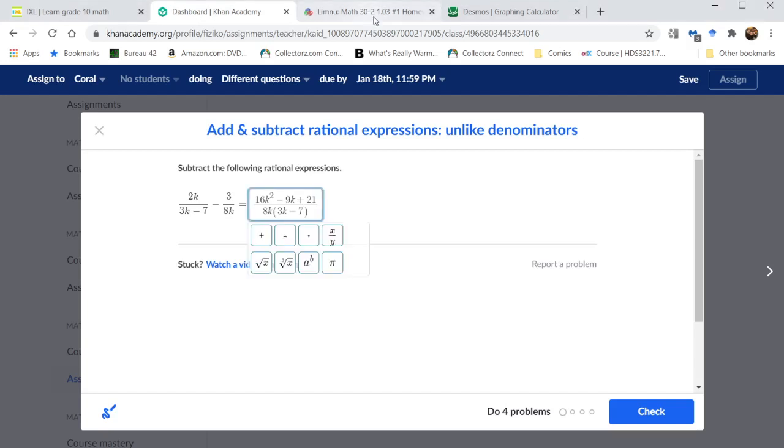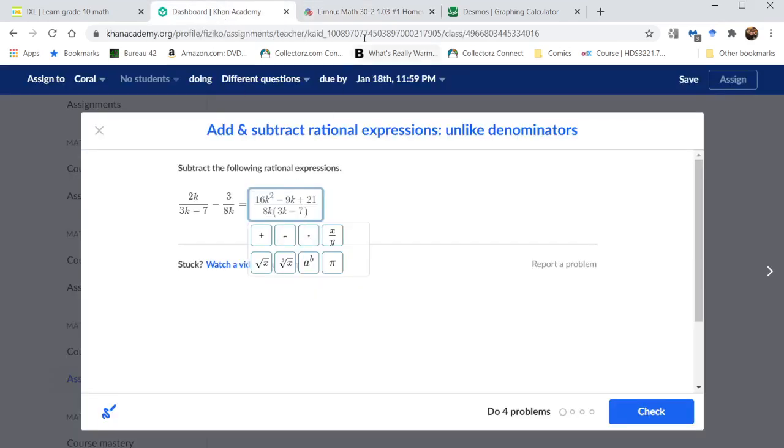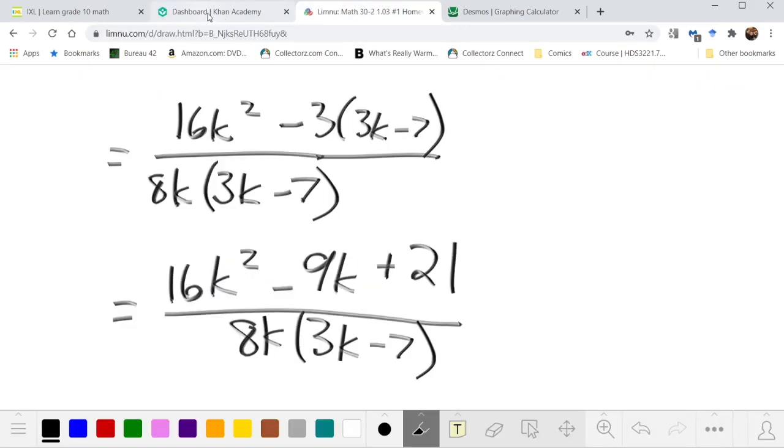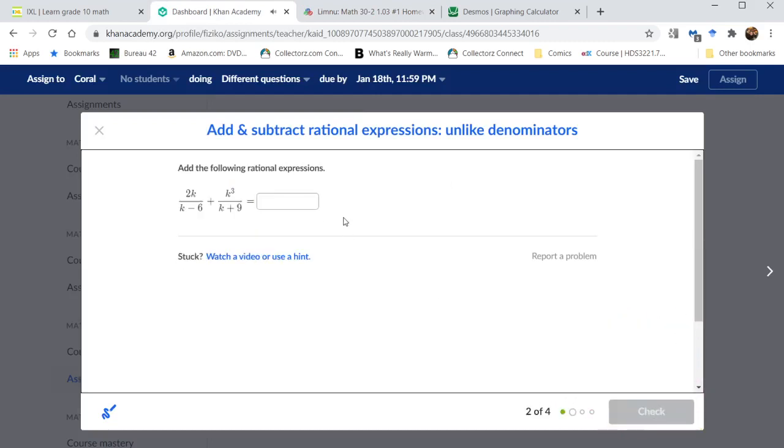So just double checking, 16k squared minus 9k plus 21 over 8k times 3k minus 7. That checks out. Here we want to add these rational expressions. Again, we're going to have to start by putting them over a common denominator.